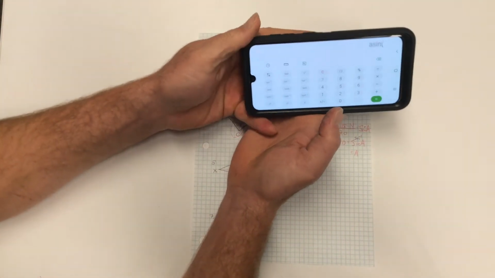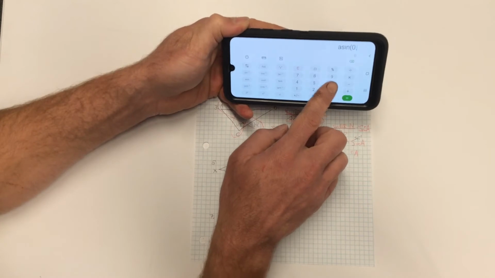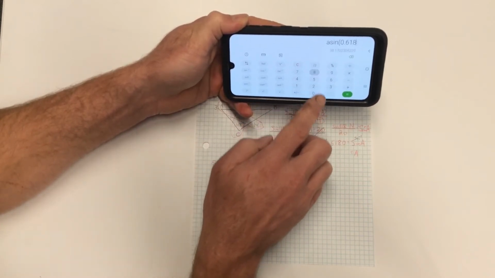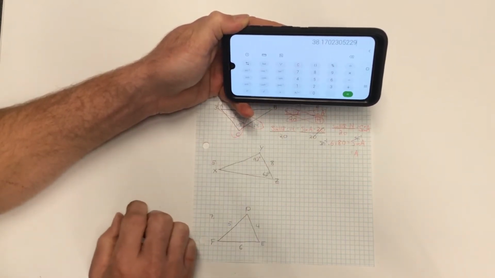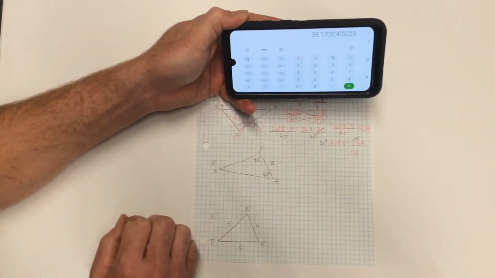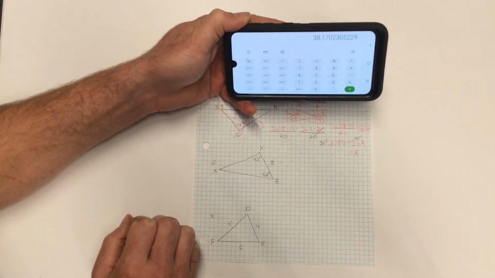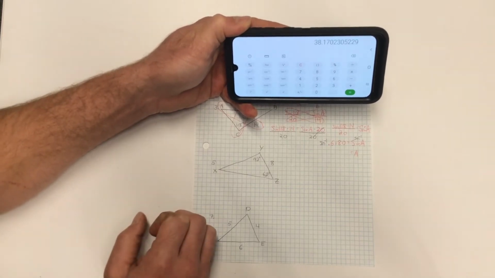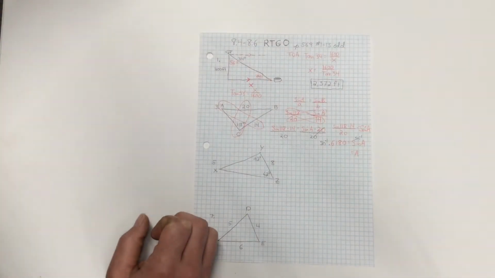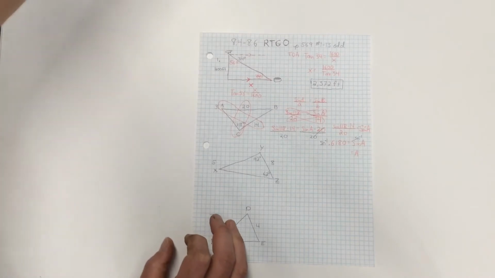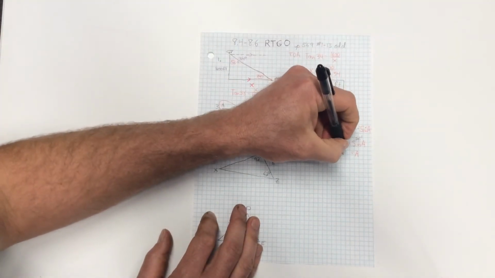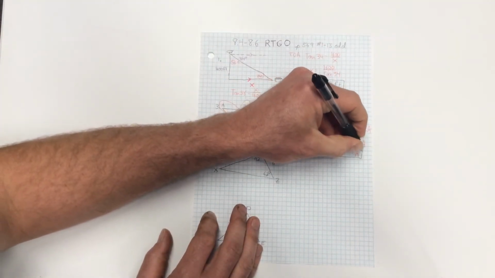We use sine to the -1, 0.6180 equals, and angle measures are to the nearest degree. So that's 38 degrees.